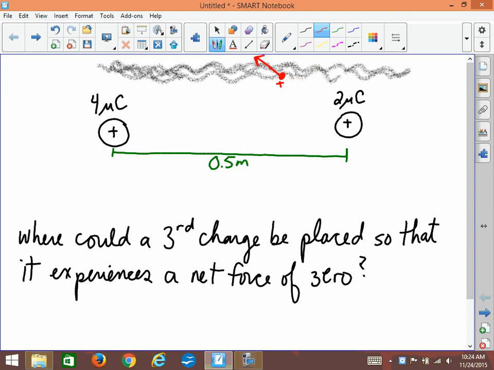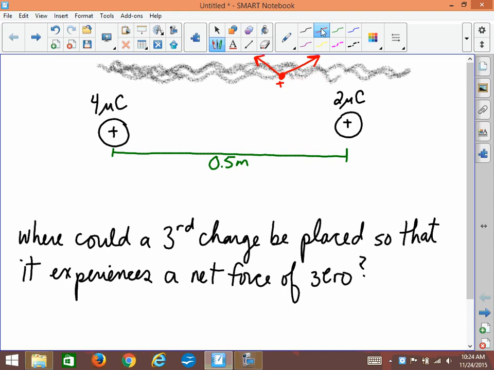There'd be a force pushing it like that, right? And it would also be pushed away from the 4 microcoulomb charge, something like that. Well, there's no way you can add these two vectors to get 0. Their horizontal components might cancel out, but their vertical ones won't. They're both up. So obviously you can't get an answer to the question by putting it here.